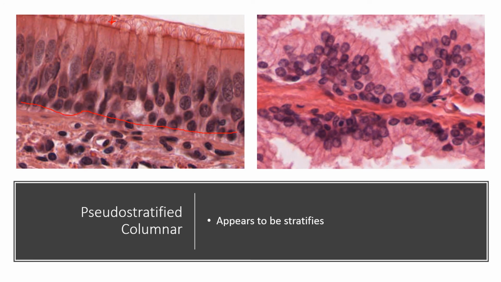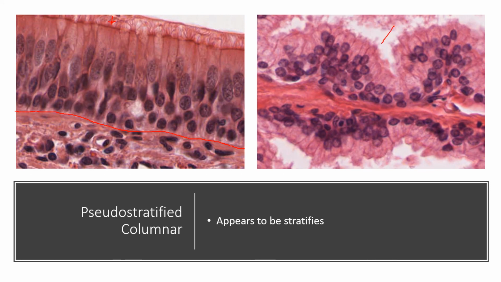So that's why this is pseudostratified. Each one of these cells, even though it doesn't look like it, is actually connected to the basement membrane down here, which is why this is pseudostratified. If it was a true stratified epithelium, not all of these cells that you see here would be connected to this basement membrane.